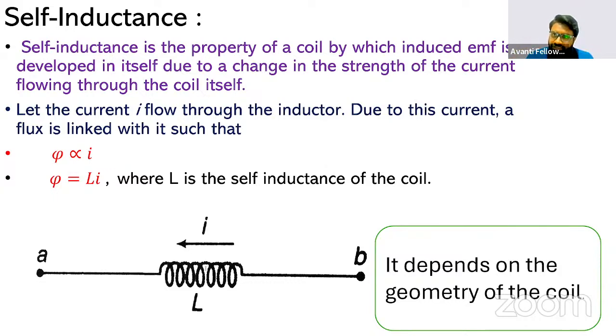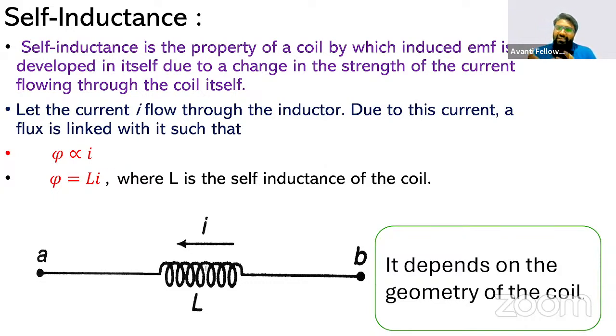If the magnetic field is changing, then the magnetic flux associated with that field also starts changing. If the magnetic flux starts changing, which means there is an induced EMF in that particular coil, or there is a kind of induction in that coil.